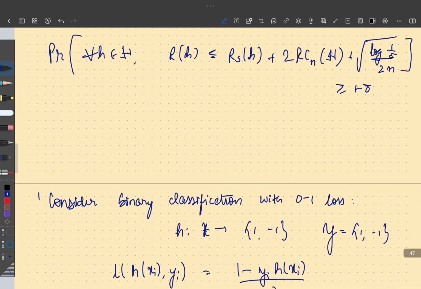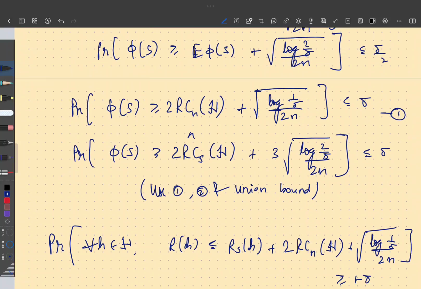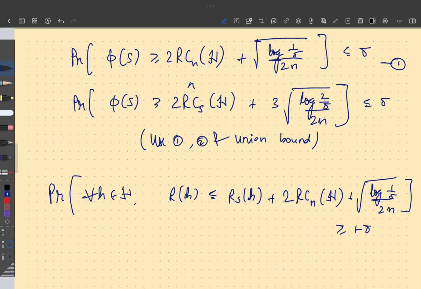Now, just a quick recap, we proved this bound on the generalization error.